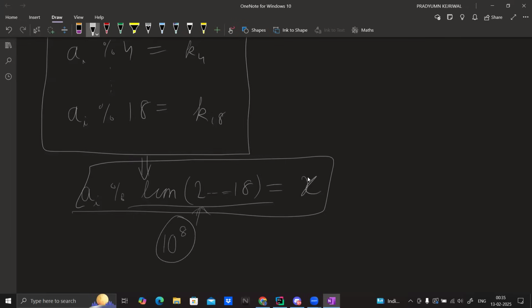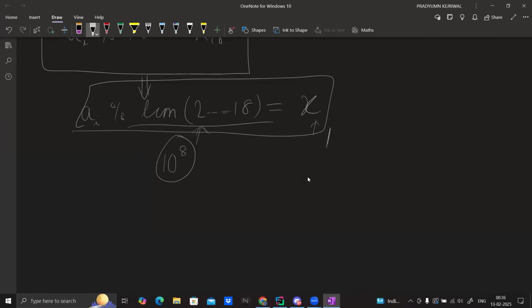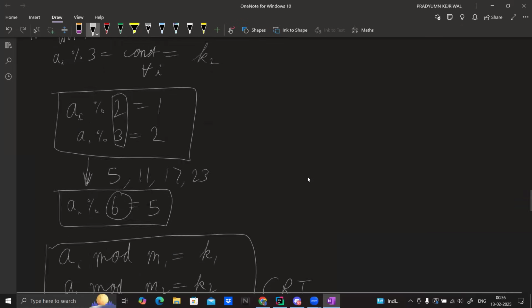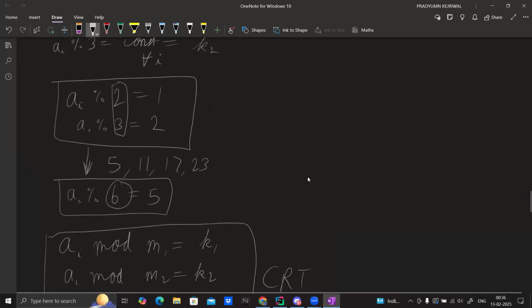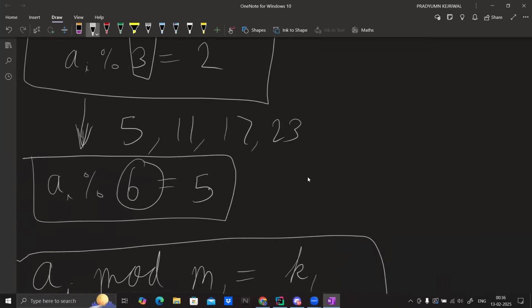Let's say hypothetically x is equal to 1, and let's say this is L. So A_i mod L is equal to x, and one solution is A_i equal to 1. Now what is the next solution? Like above, if A_i mod 6 is equal to 5, then that means either 5 or 11 or 17, so 5 plus 6, 5 plus 2 into 6, 5 plus 3 into 6, and so on.